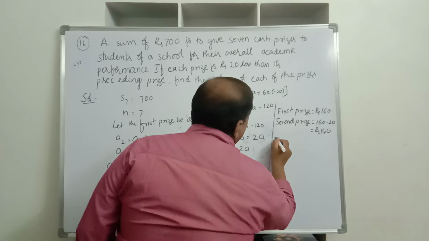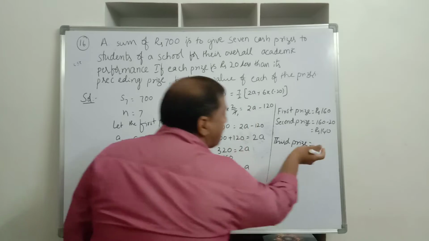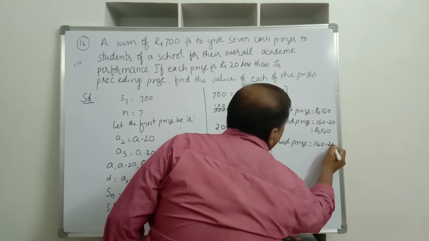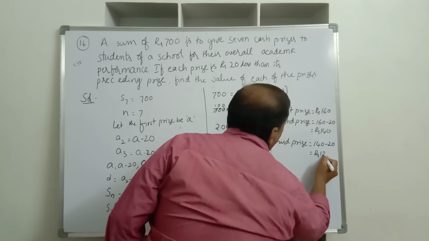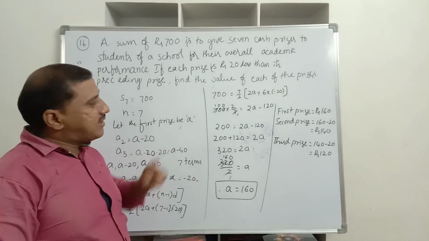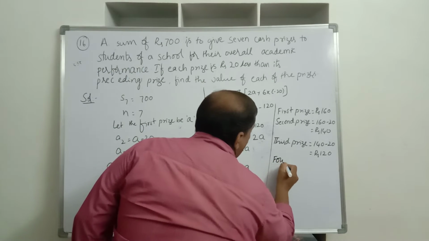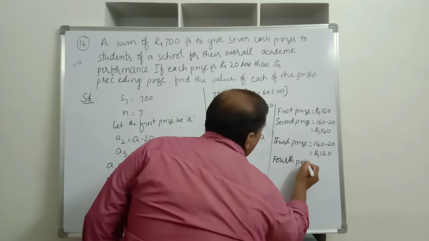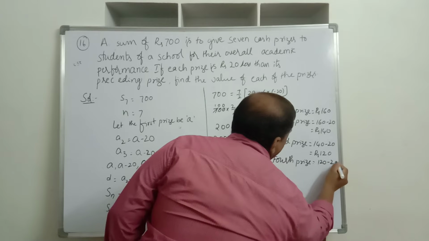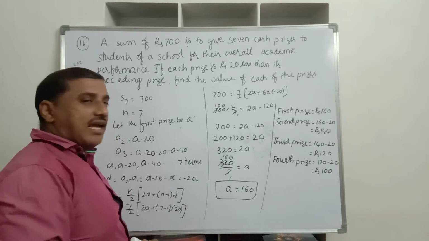Then the third price is again 20 rupees less than the second price, so 140 minus 20 gives 120 rupees. Then the fourth price is 20 less than the third price, that is 120 minus 20, which is 100. So 100 rupees is the fourth price.